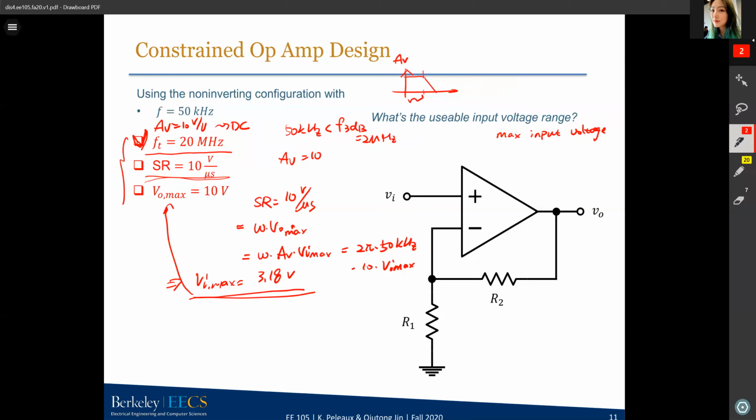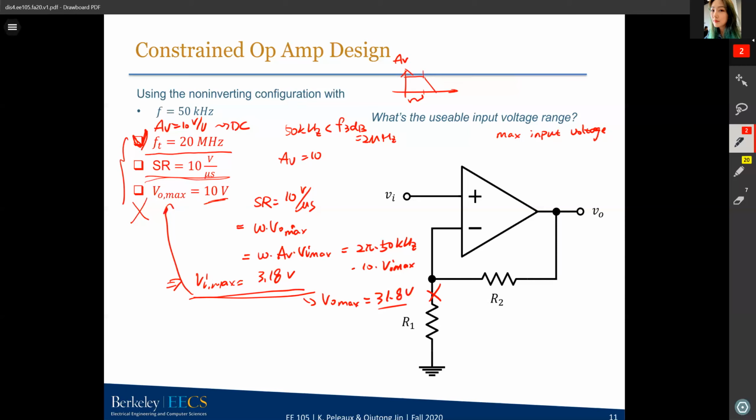Because my gain is 10, my VL max is actually 10 times 3.18, which is 31.8 volts. This is much larger than 10 volts, so my constraint is not satisfied. That means this input voltage is not satisfied by your circuit. You have to redesign it. So this is not right.